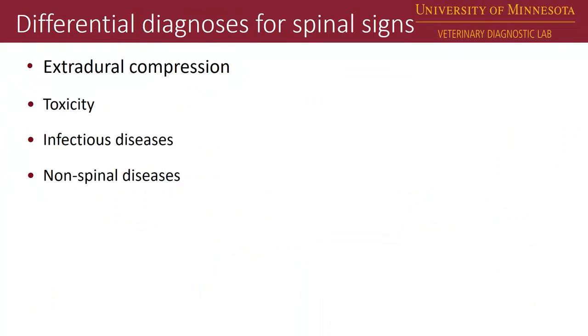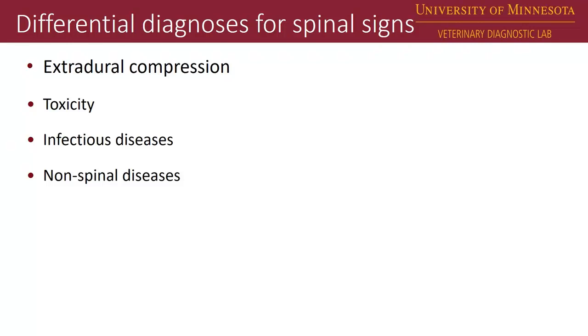So when we talk about the differentials for these spinal cord lesions, there's a few general categories. I would put them into a compressive type lesion or an extradural injury. There's toxicities that would act directly on the spinal cord, or potentially that might have impacts on downstream signaling.